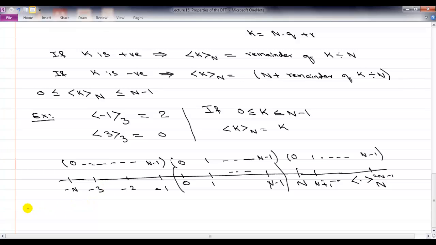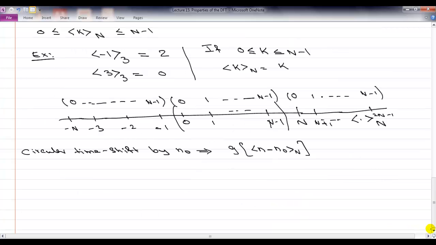And based upon that, we can now define circular time shift as follows. By, for example, n naught, this is defined as g of n minus n naught mod n. Okay.